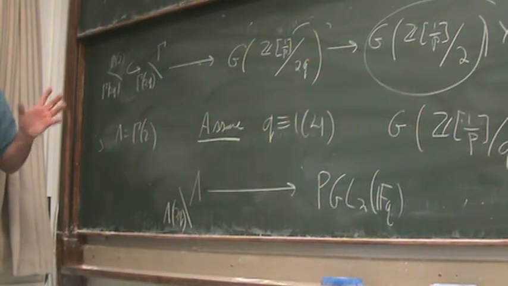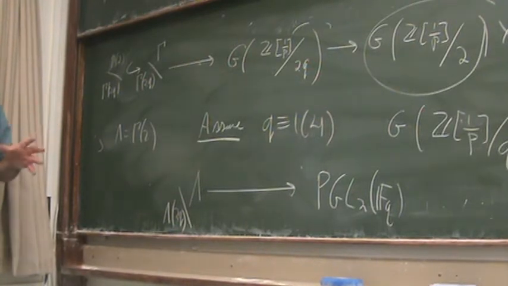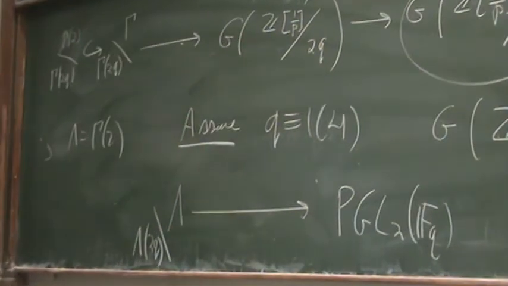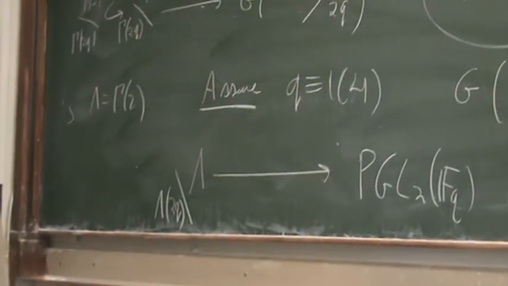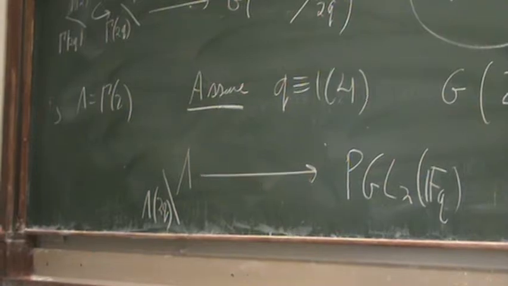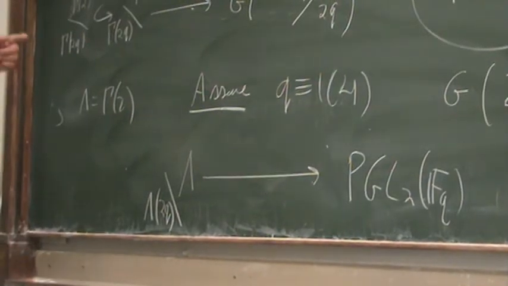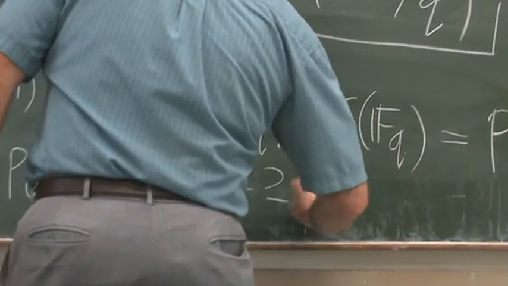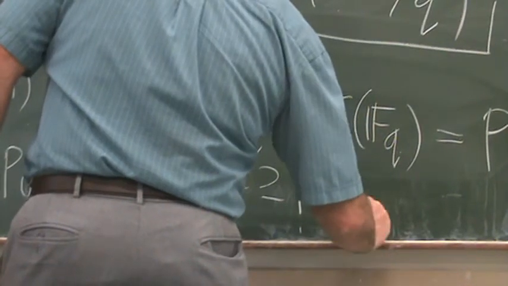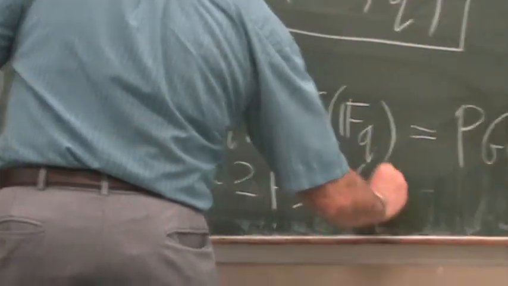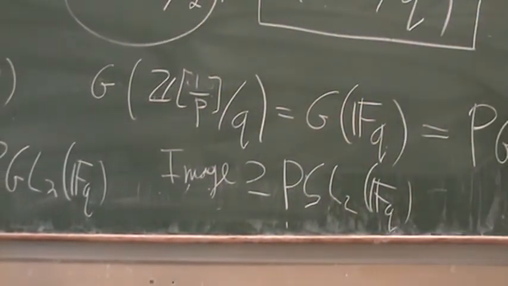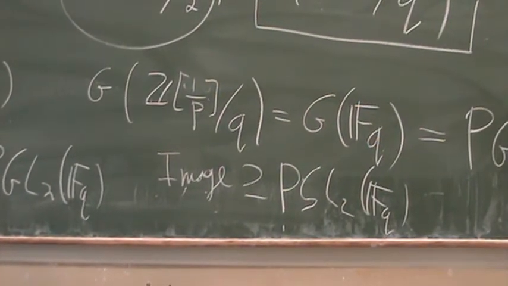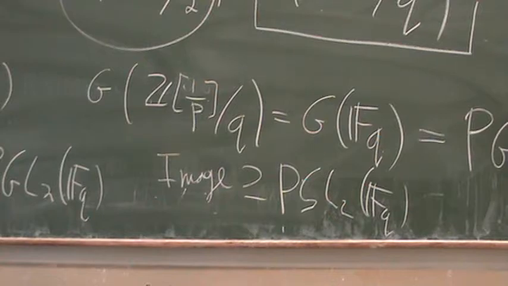And lambda over lambda Q is in the kernel. And the story is exactly as the story I described before for GL2Z. And I don't want to get here to the little details. I just want to say that the image always contains, with the same proof, PSL2 FQ. I gave you a full proof, at least when Q is large enough, because also here the group is free.